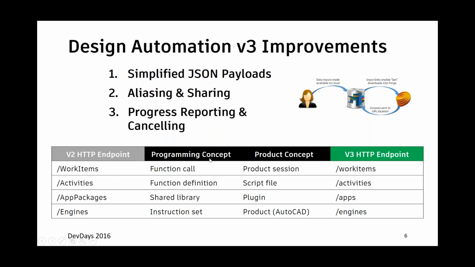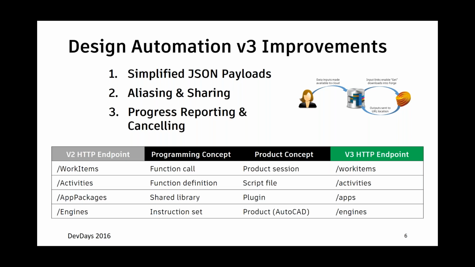Work items are essentially function calls that are submitted to the system. An activity would be the function definition: what are we going to be doing to the file? App packages are your shared libraries or plugins, and engines would be the actual product, the instruction set. So let's go into each of these improvements for V3 of Design Automation in a little bit more detail.